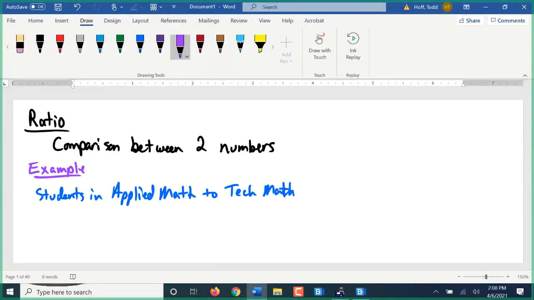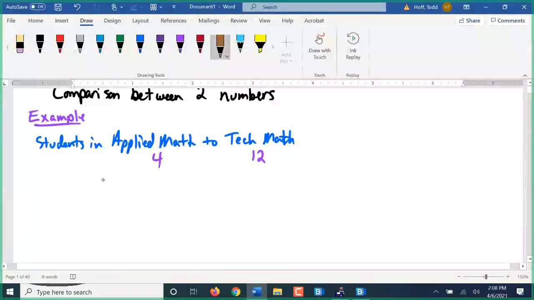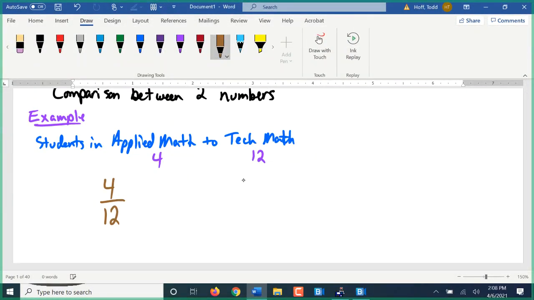So right now I still have 4 students enrolled in applied math, and I have 12 students in tech math. So there are several ways we can write that. We can write it as a fraction, 4 over 12 like that. I can write it with a colon in it like this, 4 to 12, or I can even write it out with the word 4 to 12.